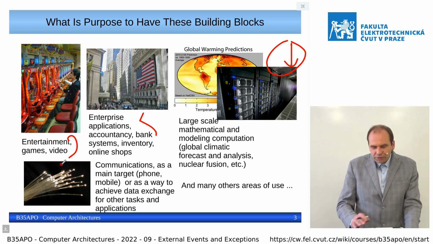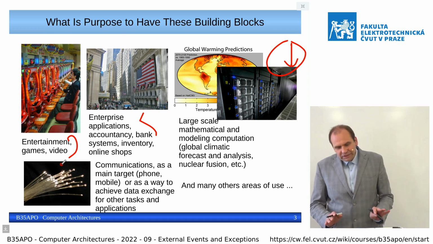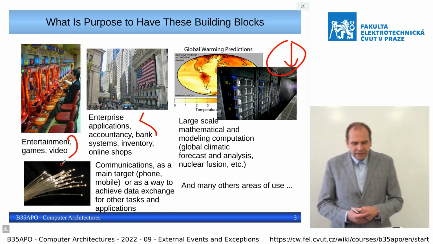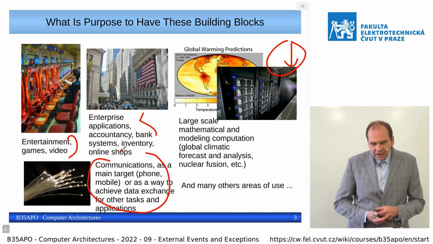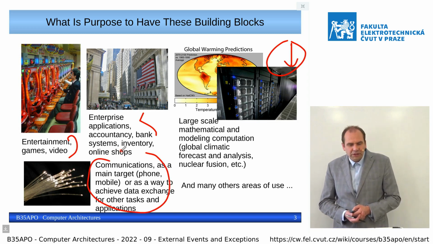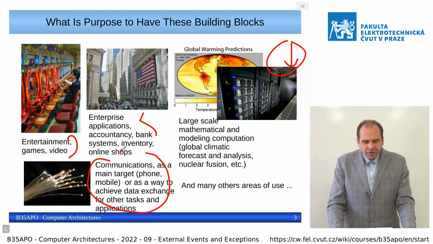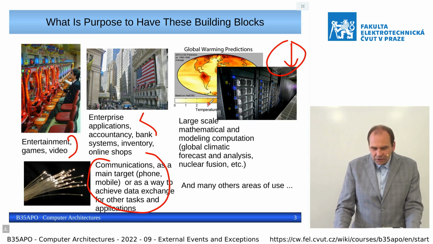So each of those areas has different demands on the throughput and on the components of the computer. And today all those systems are interconnected through communication. So even communication can be a standalone area for computers, and all the others today need communication as well, for example fiber optics and so on.